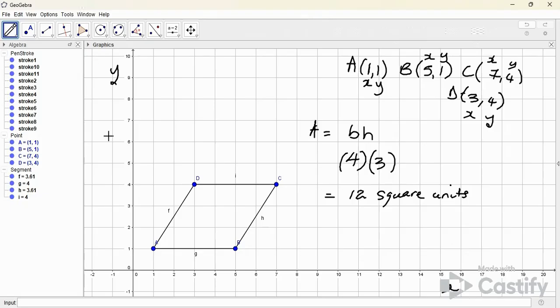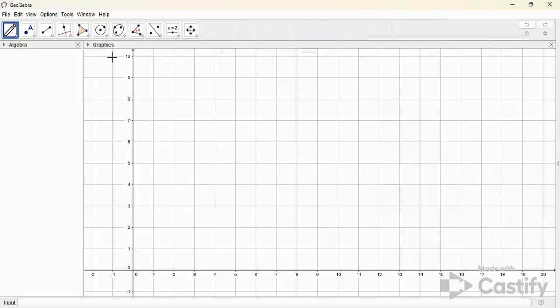Alright, let's try one last one and then call it a day. Again, x-axis, y-axis. That's your y-axis. This is your x-axis. And we're going to put some points on it. So A is 2, 2. B is 2, 8.